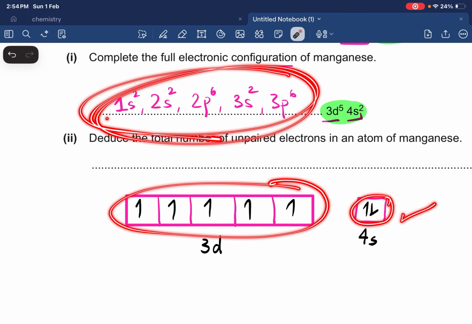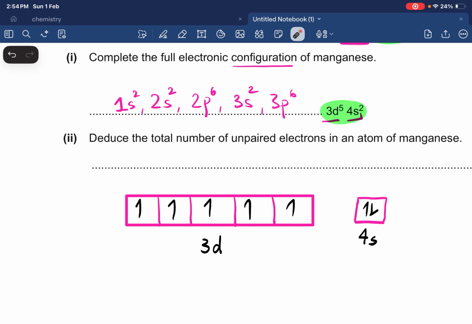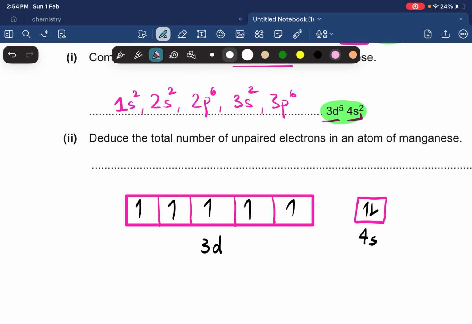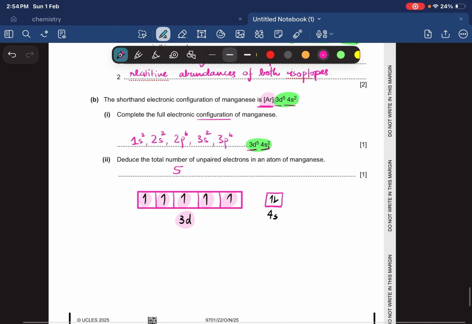You can draw the 1s2 orbital. You're going to see both electrons are paired. So the only unpaired electrons are this, this, this, and this. In the 5 orbitals of 3d, you have 5 unpaired electrons. So the answer is going to be 5, right?